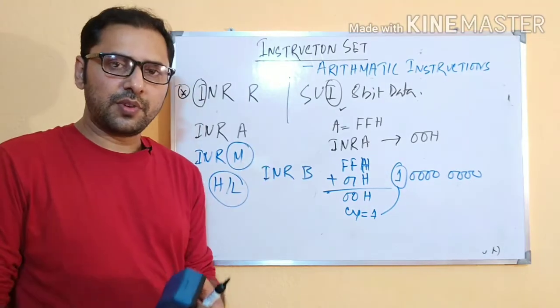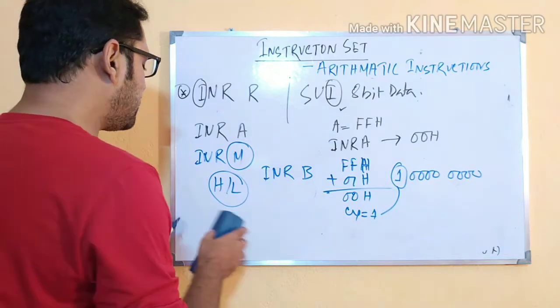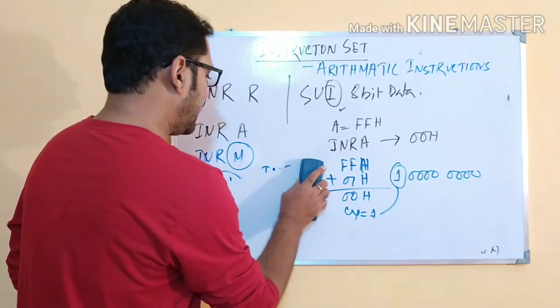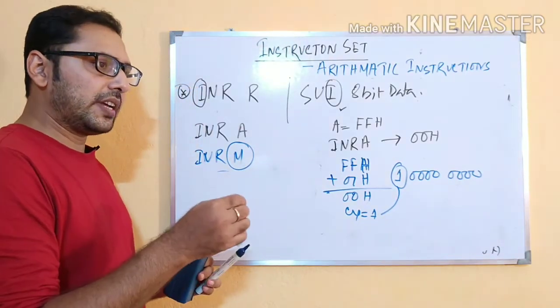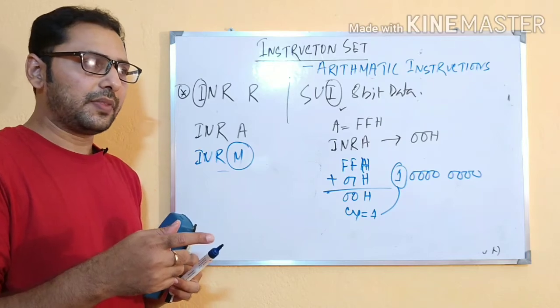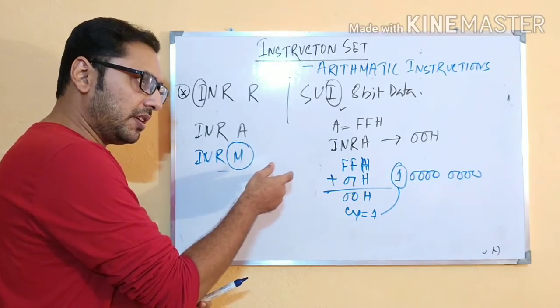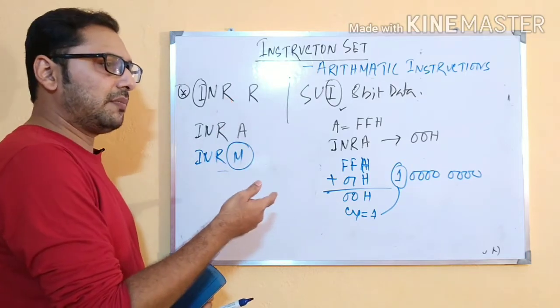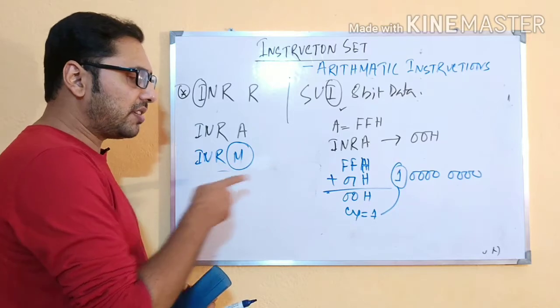Now, extremely sorry for the interruption. So we are talking about INR M. INR M means, I have said, the content of the memory denoted by HL register pair will be incremented by 1. Means the content of a particular memory will be incremented by 1, and that particular memory register will be denoted by HL register pair.